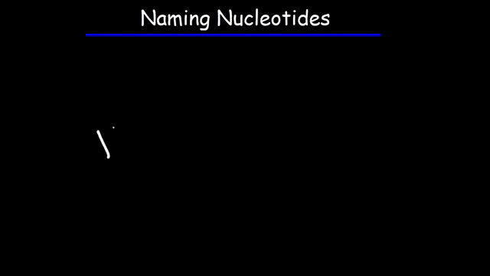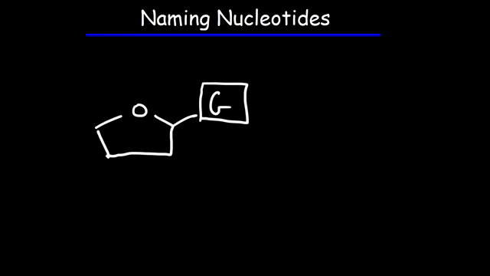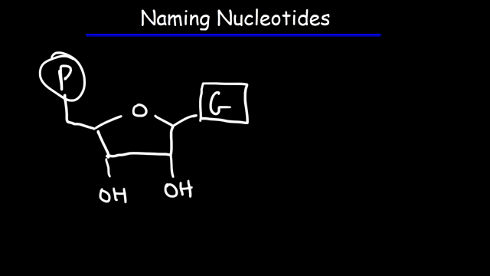Now let's shift our focus to naming nucleotides. So we're going to have our ribose sugar, our nitrogenous base, and a phosphate group. So how can we name this particular nucleotide?